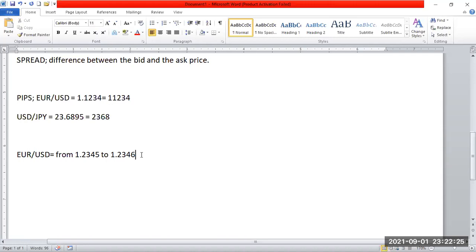Following. So now it's made a move from 1.2345 to 1.2346. The pip here would be what? Let's calculate. The pip here would be the difference in price, either positive or negative.